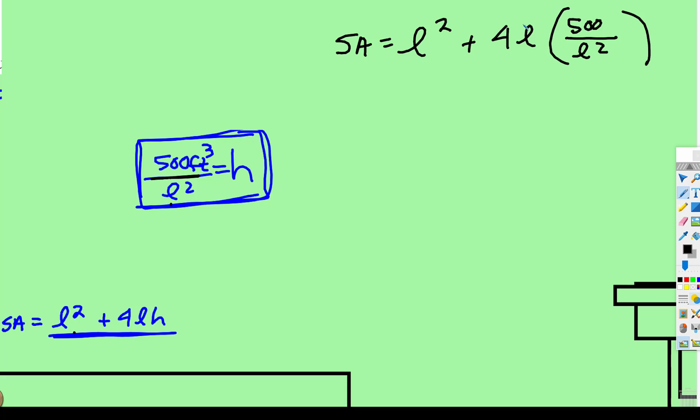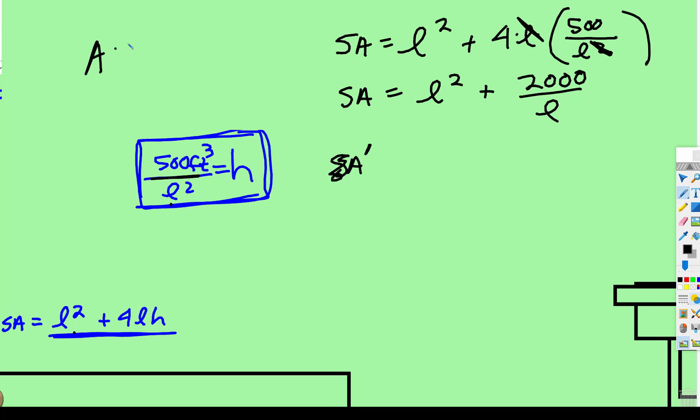Well, look at what happens now. That L and one of those cancel. So now we have surface area is equal to L squared plus 4 times 500, which is 2,000, over L. Well, now we are ready to take the derivative and to start the optimization process. So the derivative of the surface area, and sometimes people leave off the S, but usually when we have area, it's for inside things.